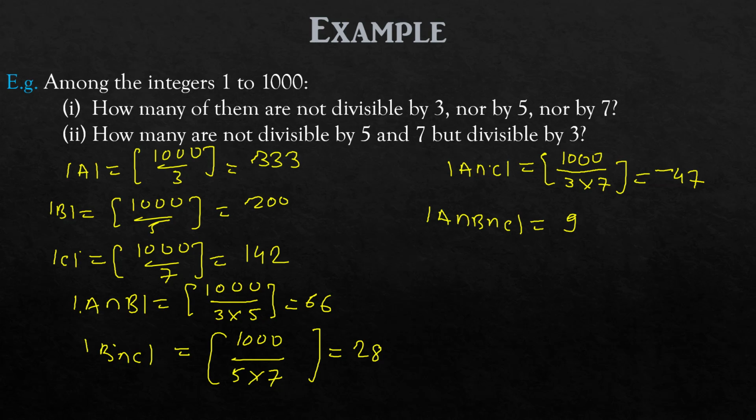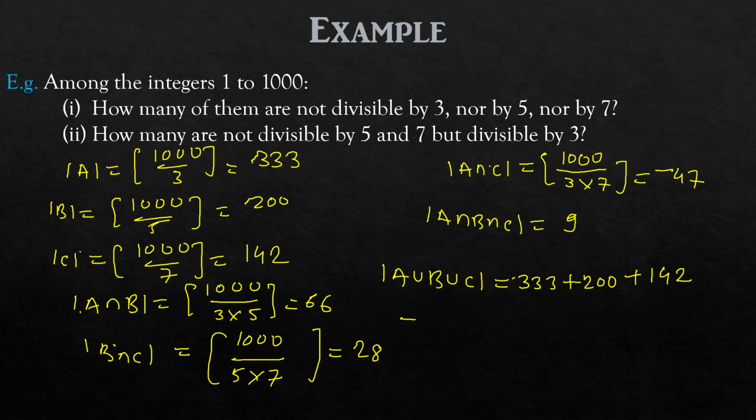Now put all these values in equation number 3. So we get A union B union C is equal to, now number of A, what is number of A? 333. Then number of B 200 plus number of C 142.